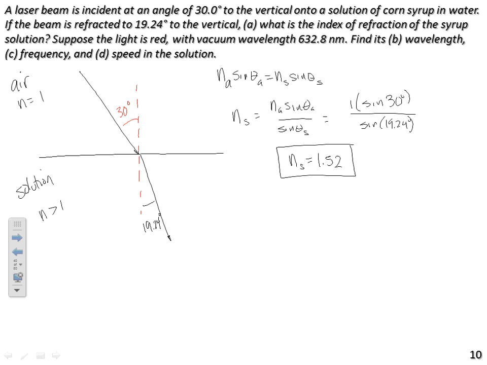Suppose the light's red with a vacuum wavelength, lambda vacuum, of 632.8 nanometers. Find the wavelength in this stuff. Well, let's see. n solution is lambda vacuum over lambda solution.